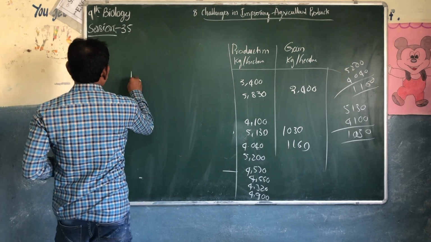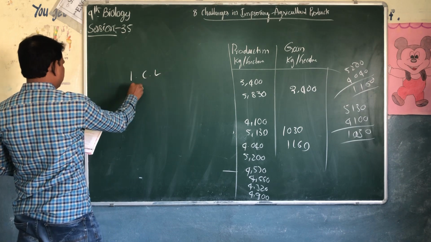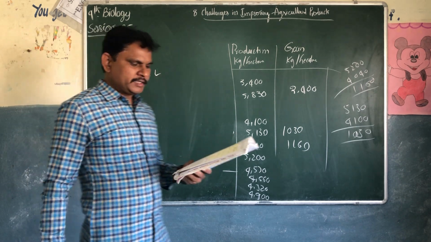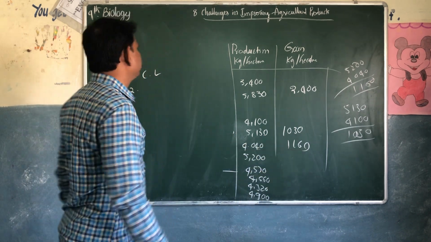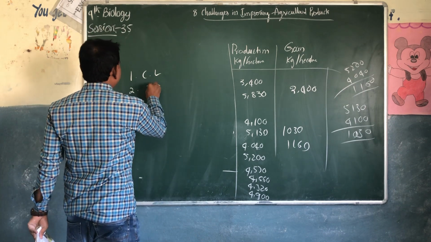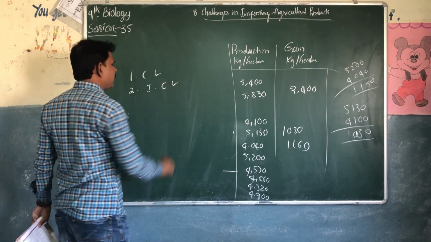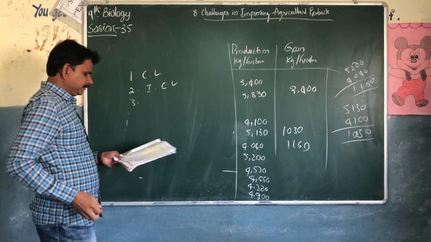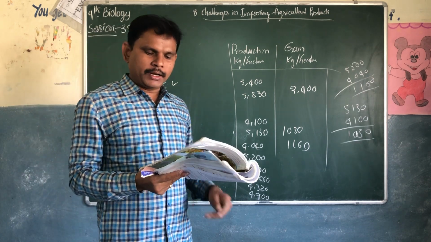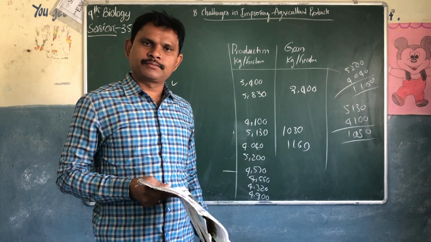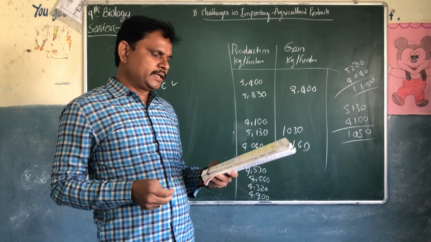Increase the area of cultivation land. Increase the production in the existing land. Developing high yielding varieties.